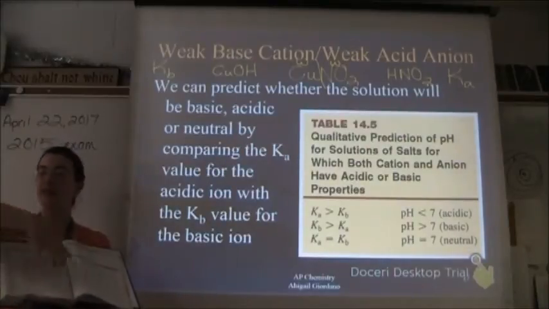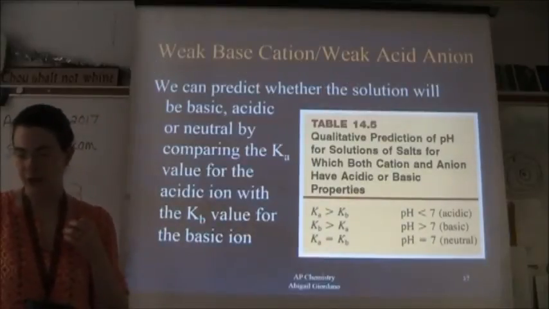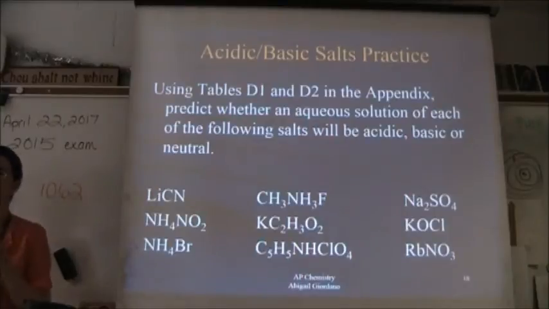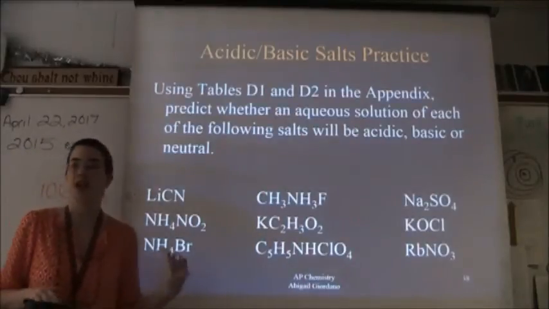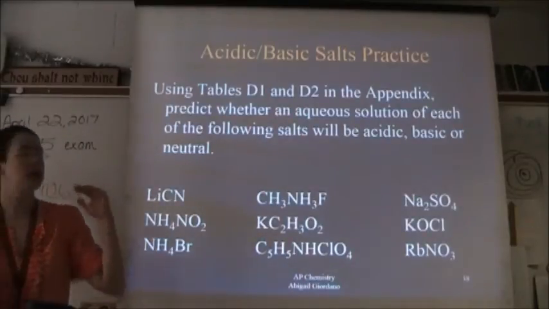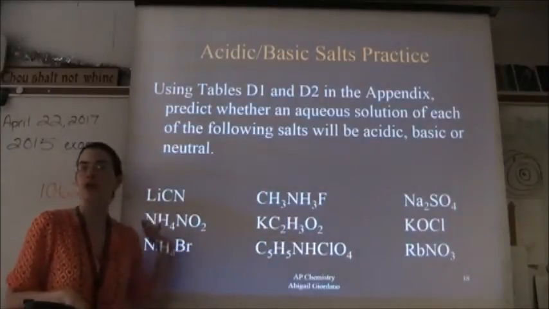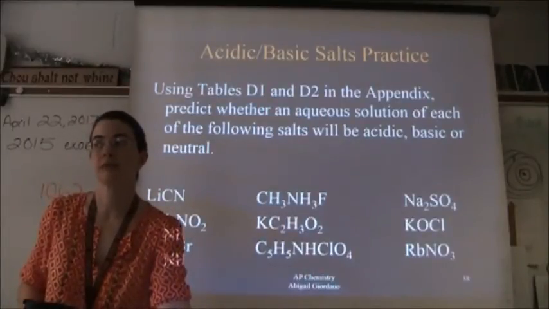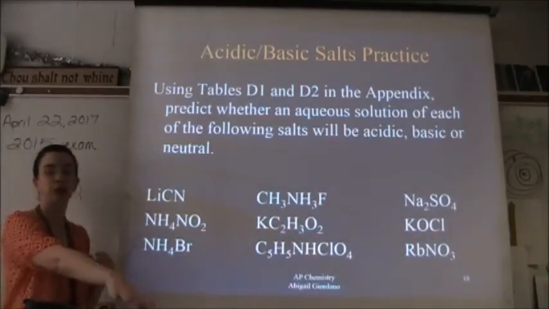But have this out, okay? Here's what I'm going to ask you to do. Here are a bunch of salts. I'm not asking you to calculate anything. All I'm asking is for you to predict, are these salts acidic, neutral, or basic? Which salts are the only ones you're going to need to look down at these values? If it's weak, weak. If it's anything other than that, you don't need to look here.